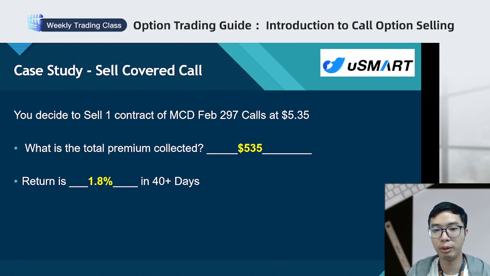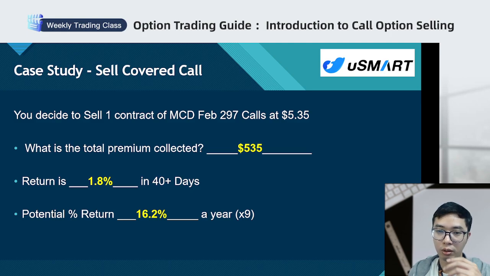It stays below it. So my returns will be 1.8%. My returns will be 535 divided by the 100 shares I bought at 296, which is 29,600. So as long as the price didn't move up to 297, we can keep receiving this 1.8% return in 40 days.